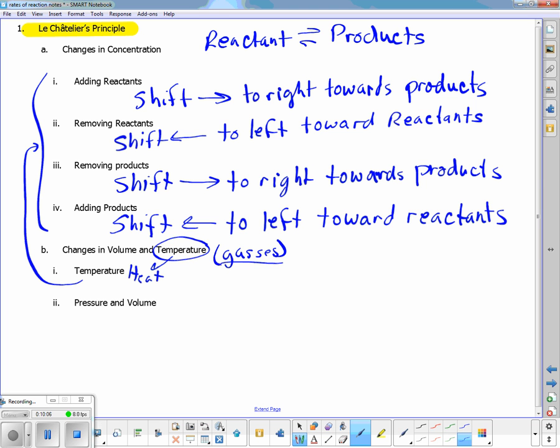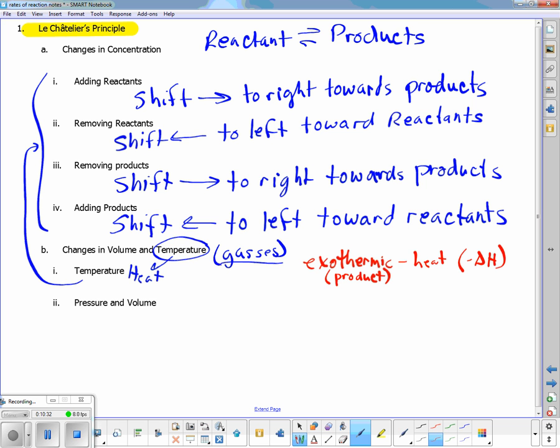If I put more heat in, let me do a little thing here. Exothermic, what does that mean? Releases heat. So it's going to be on the product side, right? And so I'm going to put a little product under here. If it's on the product side, it's exothermic, and then delta H would be negative.